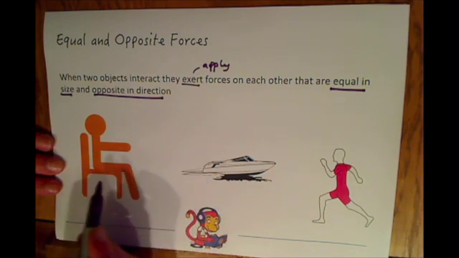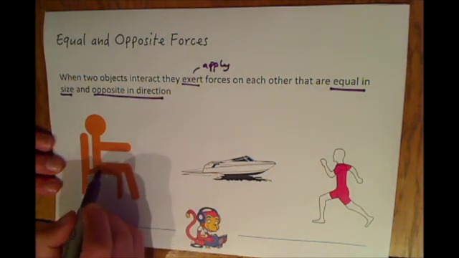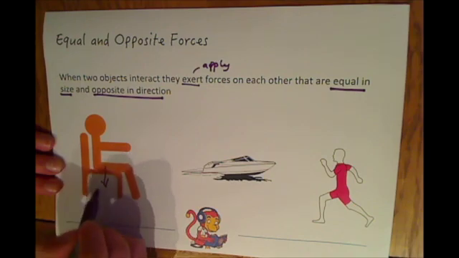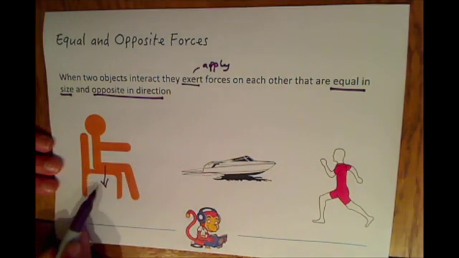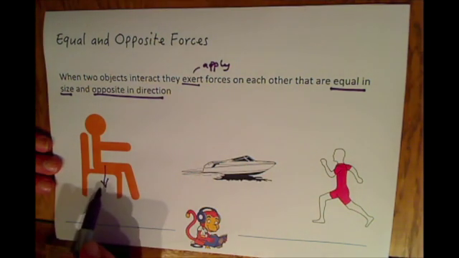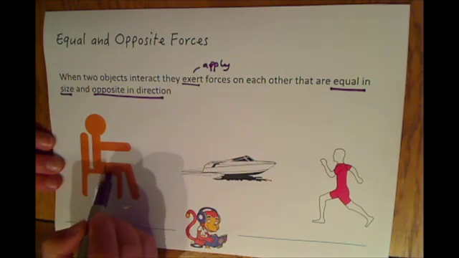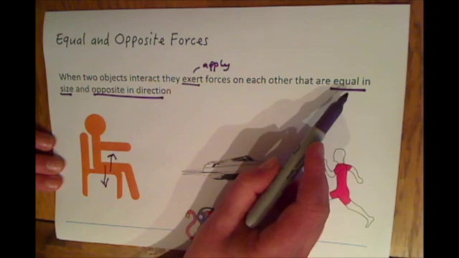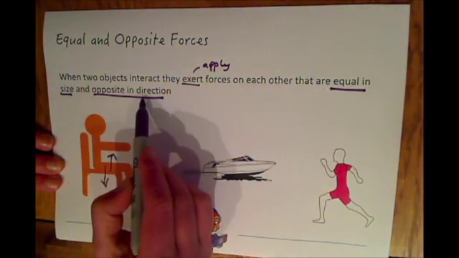For example, when this person is sitting on the chair, the person is exerting a force downwards on the chair, and if you remember, we draw forces using arrows. But similarly, the chair is exerting a force upwards, which is equal in size and opposite in direction.